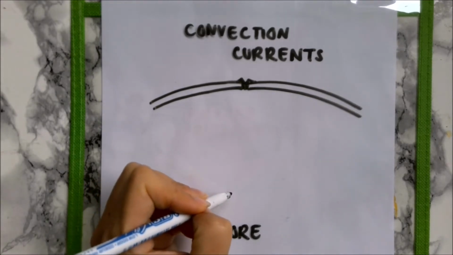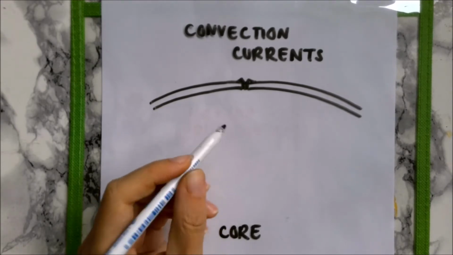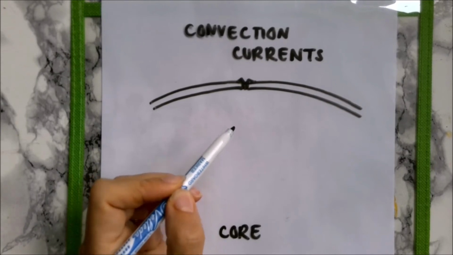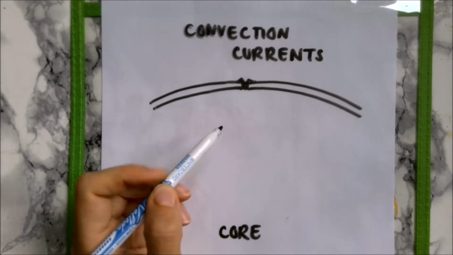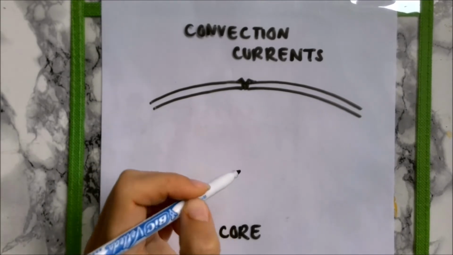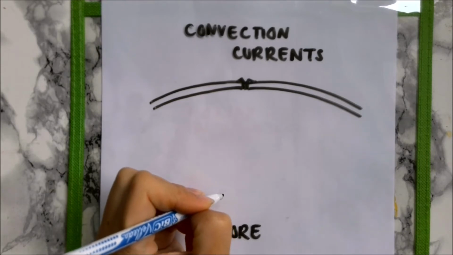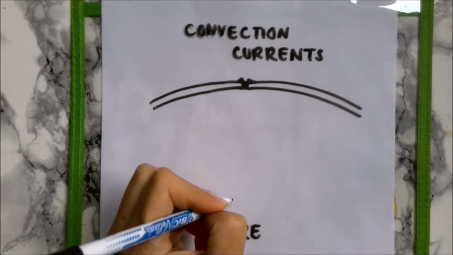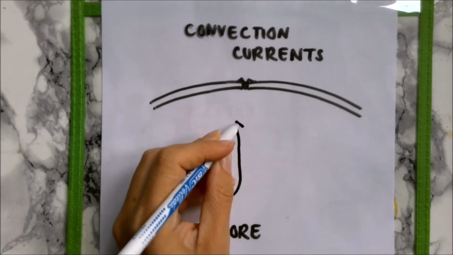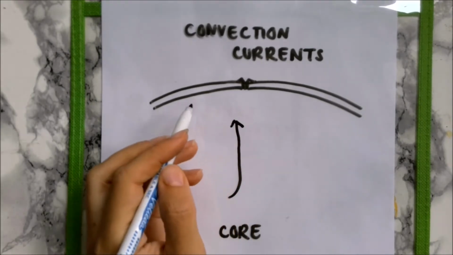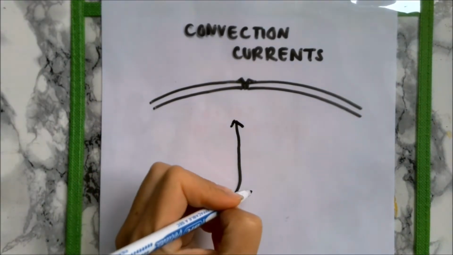Because this area becomes less dense and simply lighter, there'll be areas above it that are colder, more dense, and essentially heavier. So because this is mostly liquid-like, you're going to get a movement upwards from the core. Initially you're going to get that rock starting to rise. It's less dense than all the stuff up here, so it's going to be lighter and rise to the top.